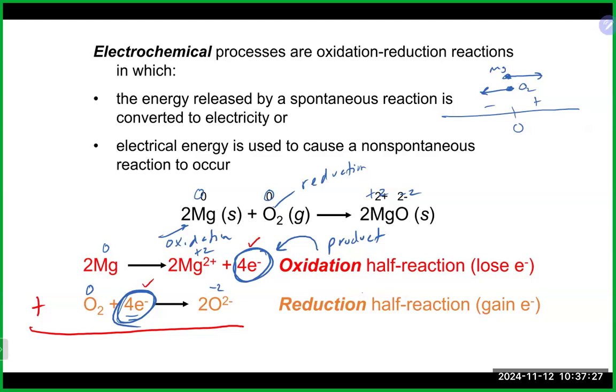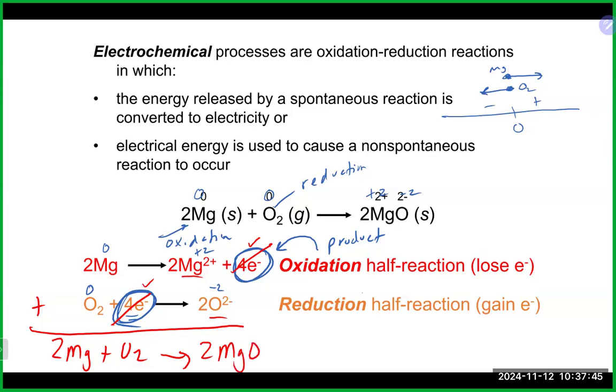And because they're on opposite sides of the arrow, anything that's on opposite sides of the arrow will cancel or reduce down. So that will cancel and that will cancel. And if you bring it down, that will give us our 2 magnesiums plus our oxygen. These are 2 ions that will come together to make 2 magnesium oxides in this case.